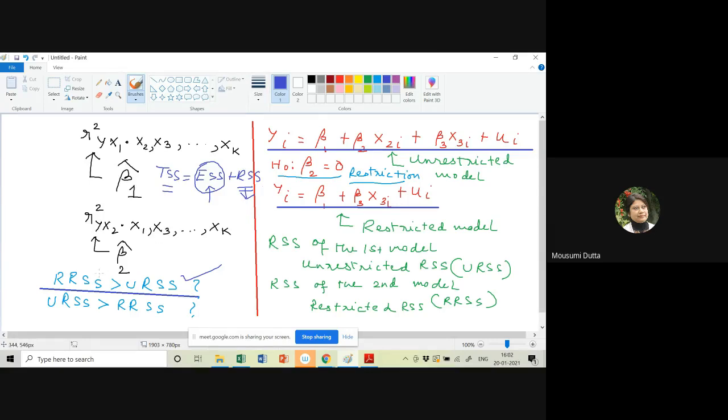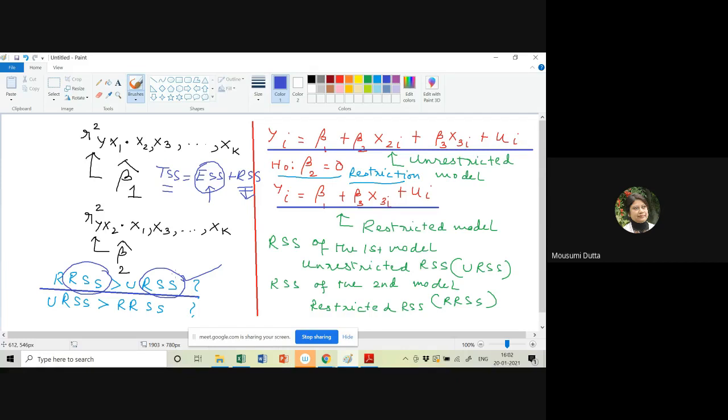So it is expected that in the restricted model, the residual component will be higher compared to the residual component of the unrestricted model. Okay. So in general, RRSS will be greater than URSS.